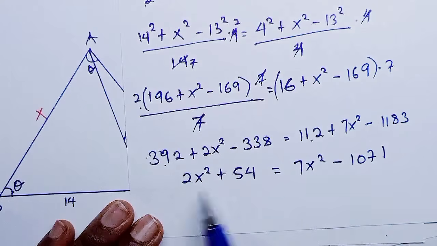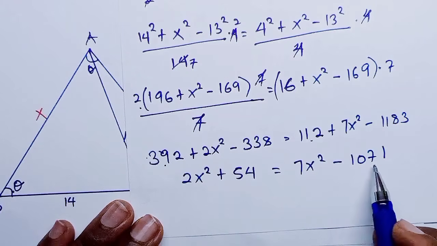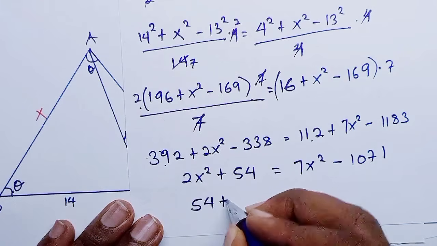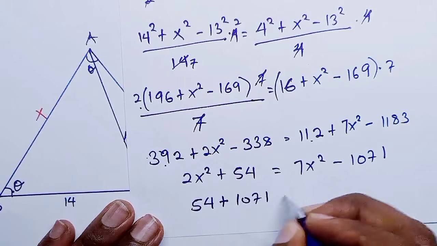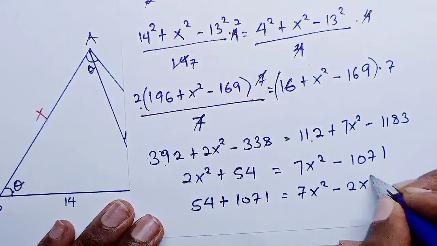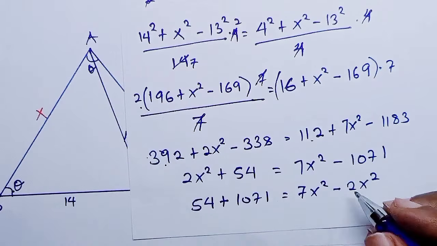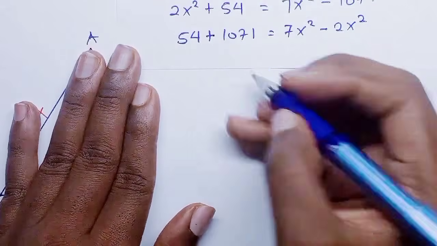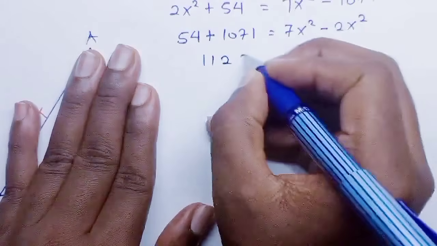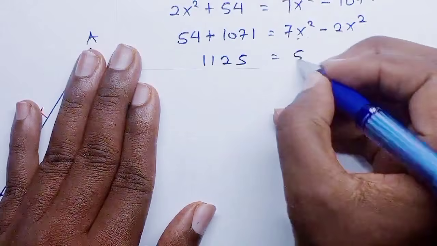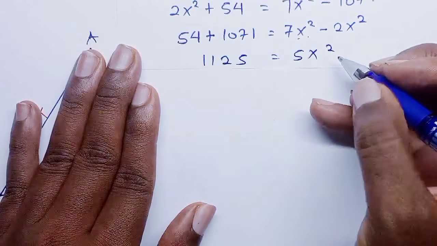Therefore, we take the 2x squared to the other side and bring this side. So we shall have 54 plus 1071 is equal to 7x squared minus 2x squared. So this plus this is equal to 1125 is equal to 7x squared minus 2x squared is 5x squared.